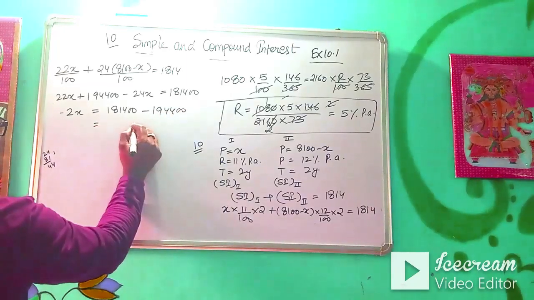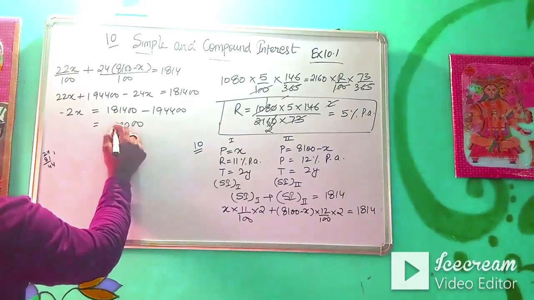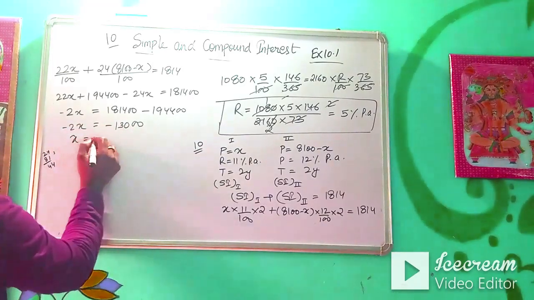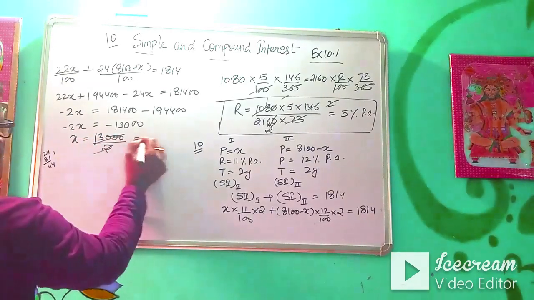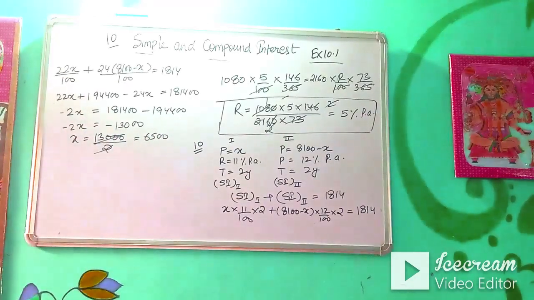So when we solve, we get x equals 13,000 upon 2, that is 6,500. Okay, so we have to calculate the amount he invested in each.